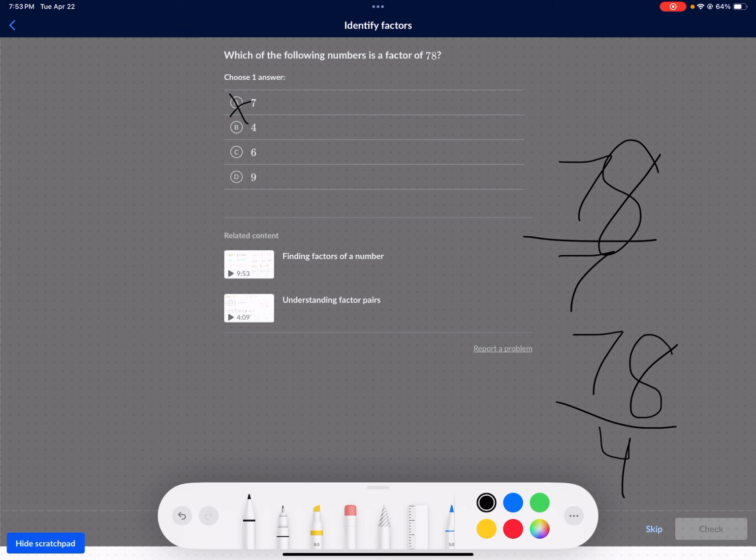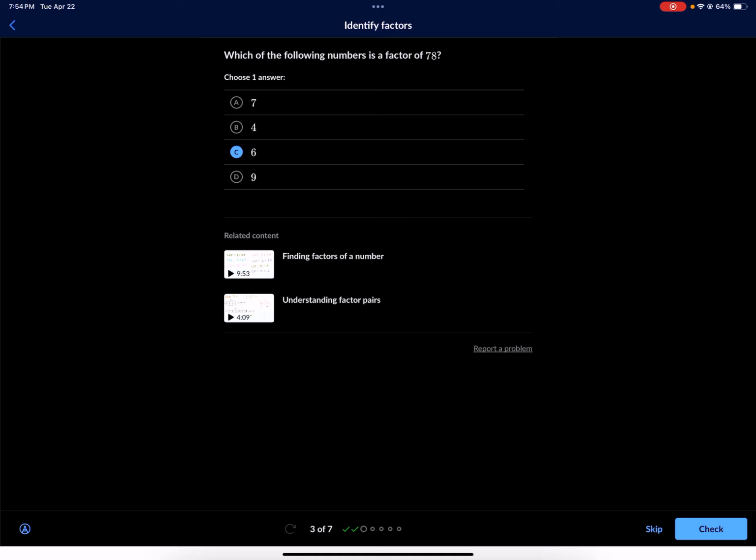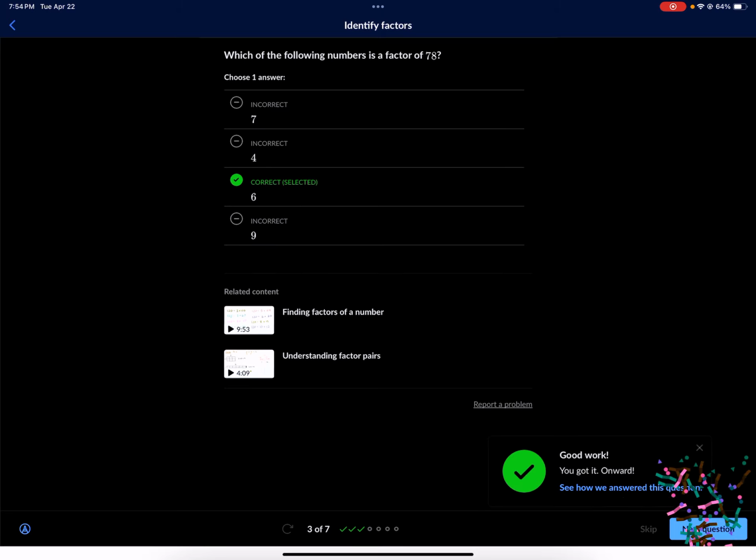Nope, this isn't a factor either. What about 6? Yeah, hey, how about that? That's a factor. That equals 13. I think we can get rid of the rest. If we only want one answer, that must be it.